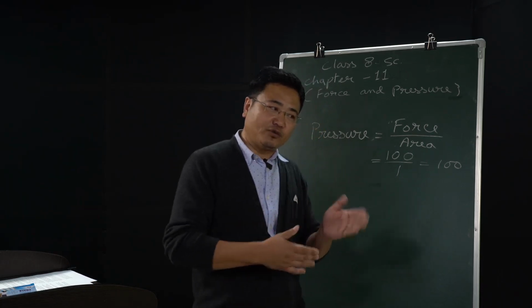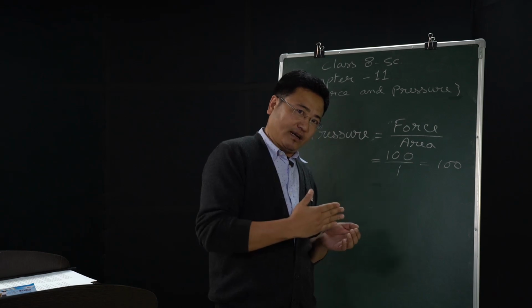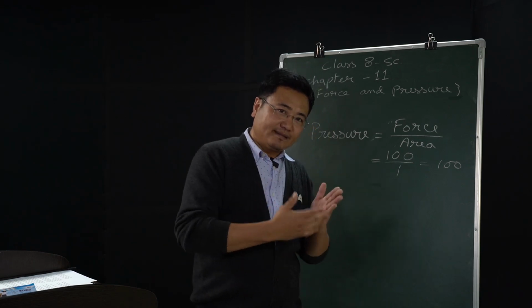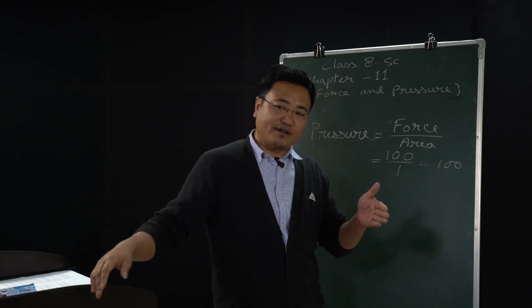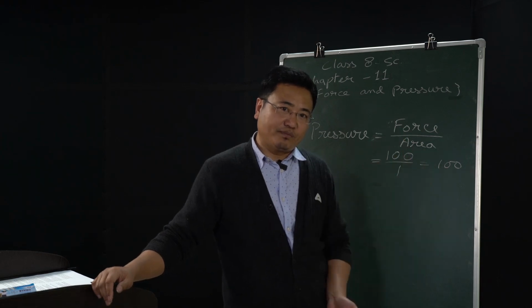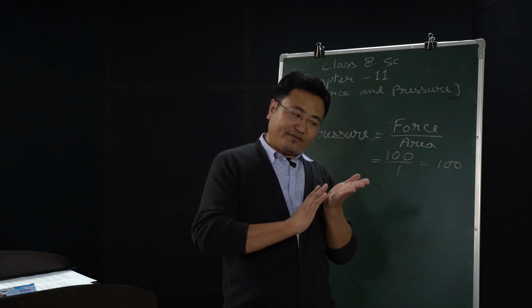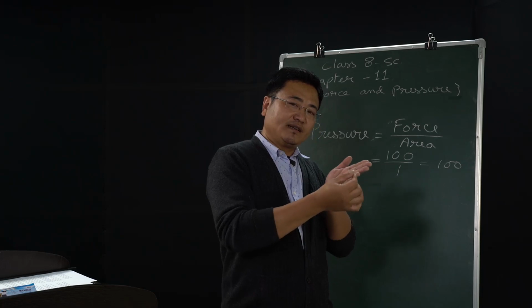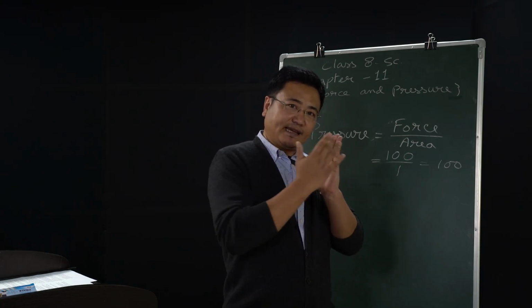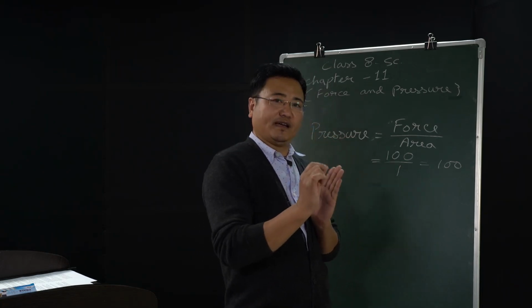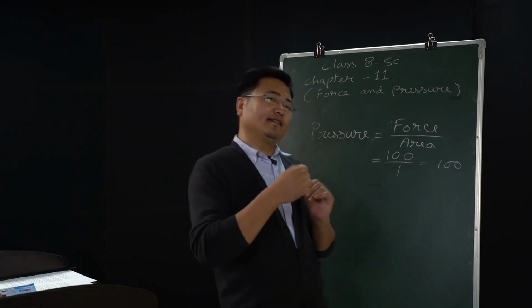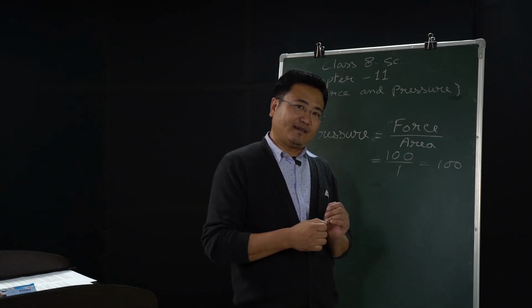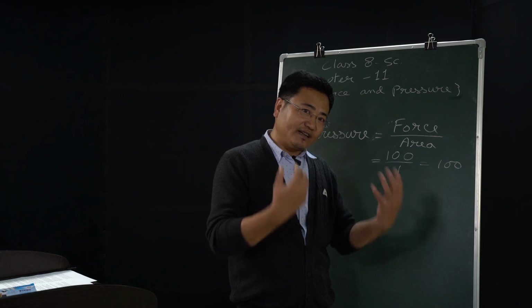So when you apply pressure to cut, since it has more area, you need more and more pressure. Whereas if your knife is very sharp, that means the edge has a very small area. That's why you need less force. Okay. So you are able to cut very easily.